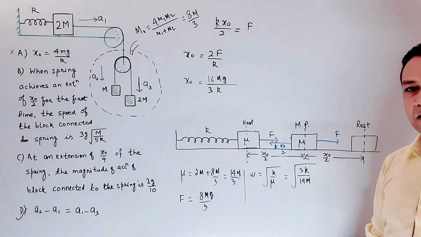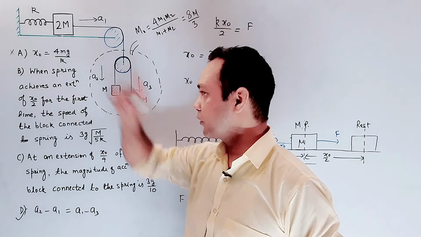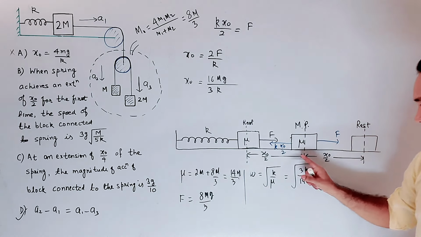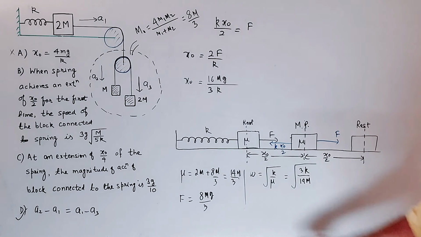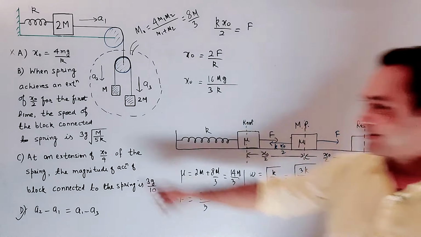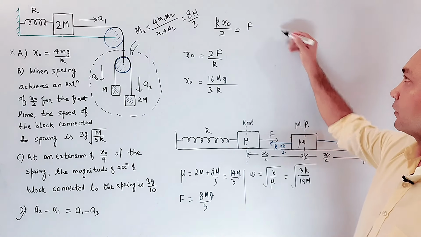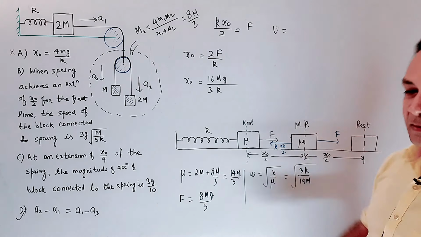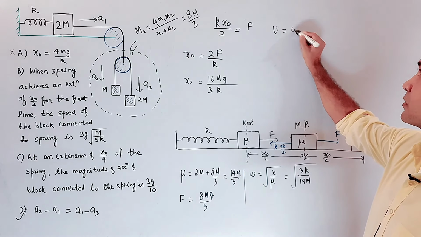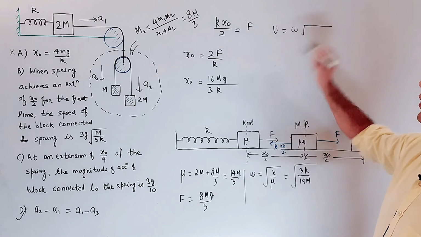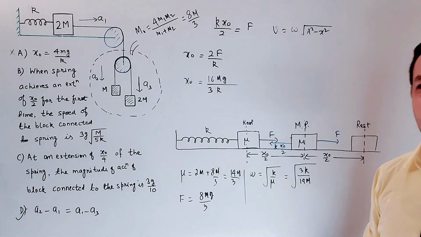And then it is saying that when the spring achieves an extension of x naught by 2 for the first time, here is the extension x naught by 2. So this position is the position of equilibrium. At this position, for the speed of the block, we know that in simple harmonic motion, at any position displacement x from the equilibrium position, speed is equal to omega square root of a square minus x square, x the displacement from equilibrium position.